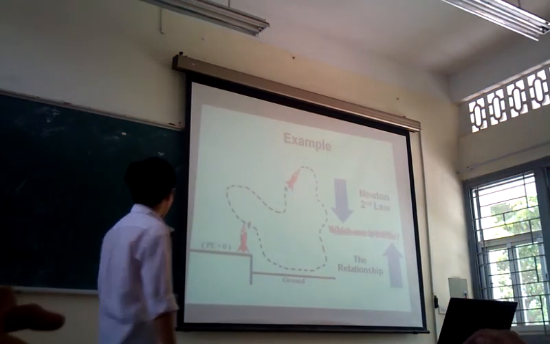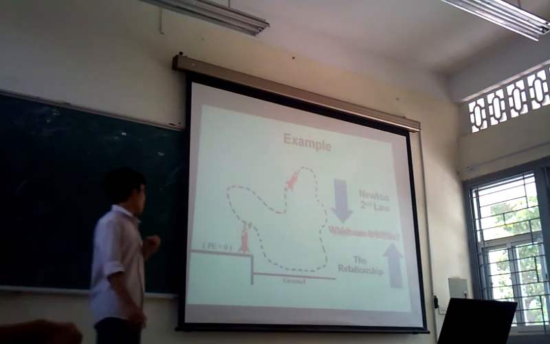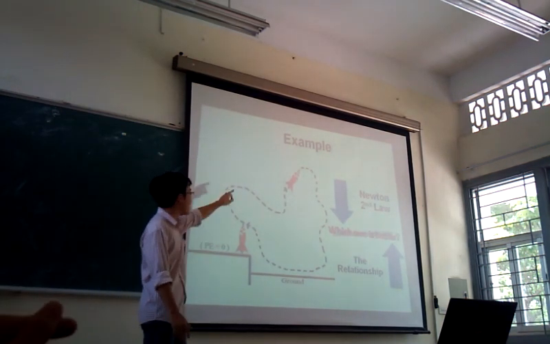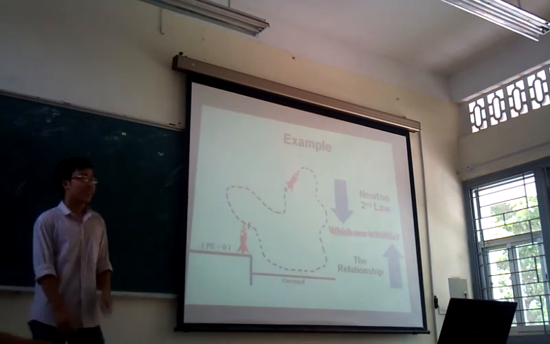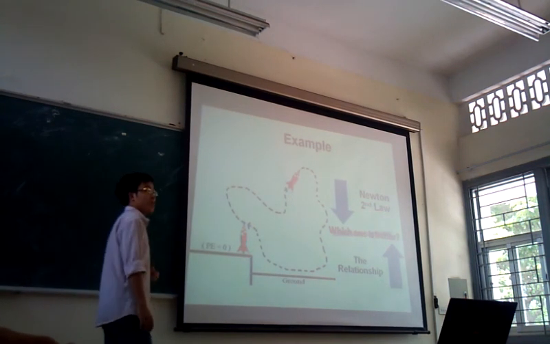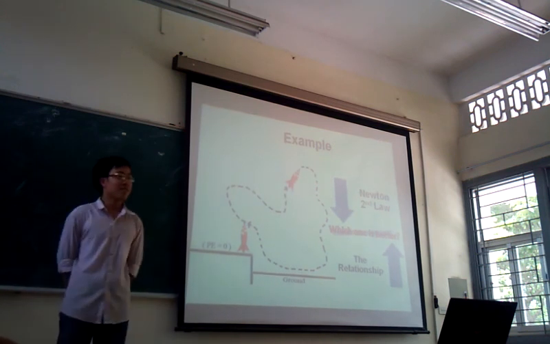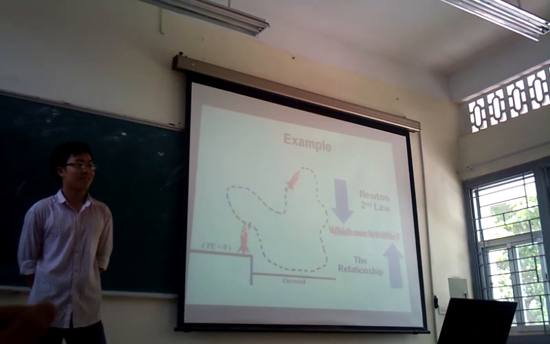We suppose that the origin of potential energy is here, and at that point we can easily obtain the position and the change of potential energy. Okay. Does that satisfy you?